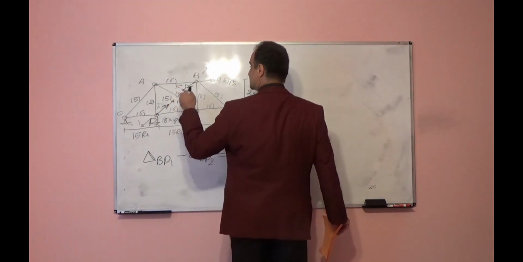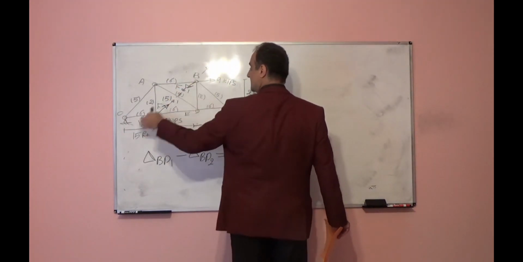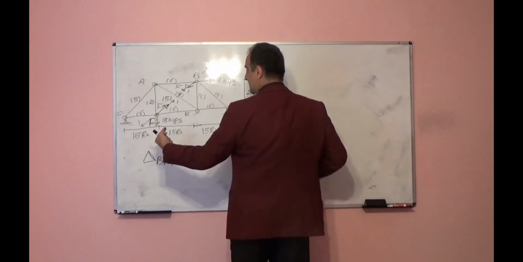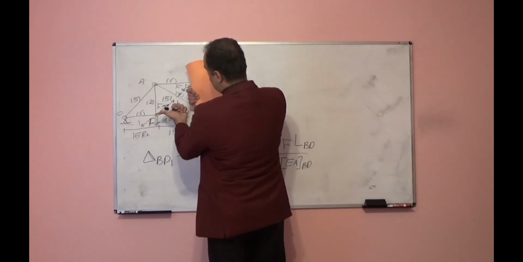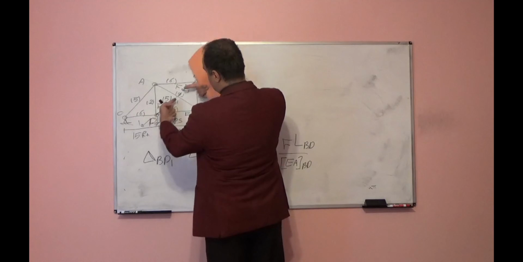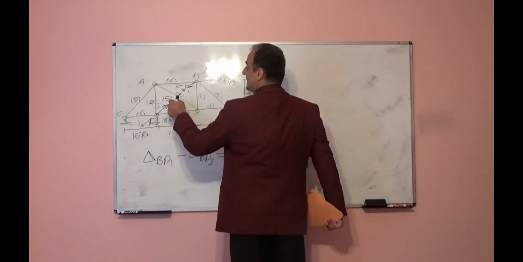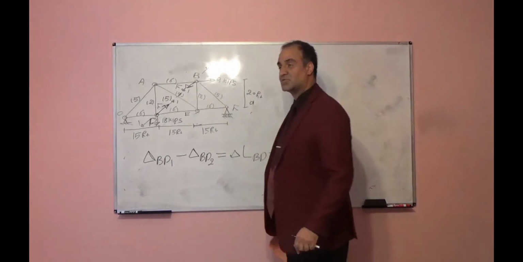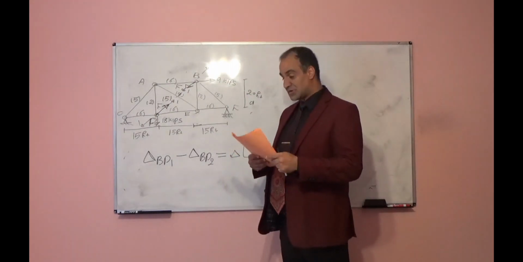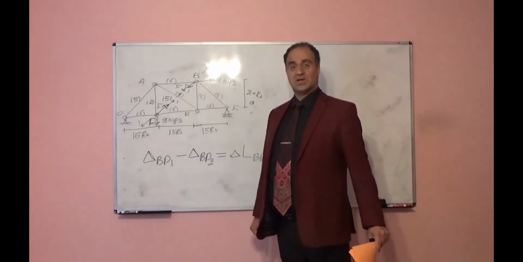In the first step, our 1 and 1 were in opposite directions. Now they come together. First it was outward, now it comes together. So we apply 1 and 1, and we will find internal forces in each truss member under this virtual load.